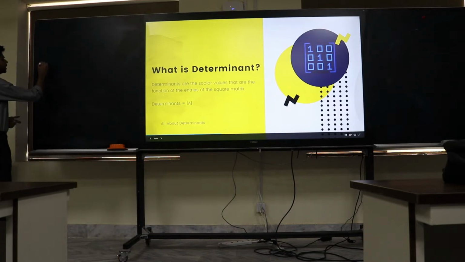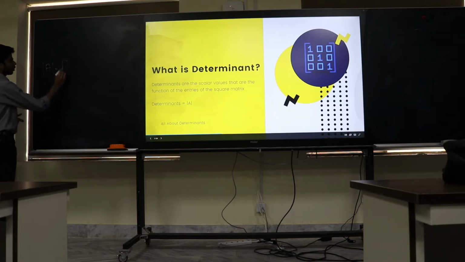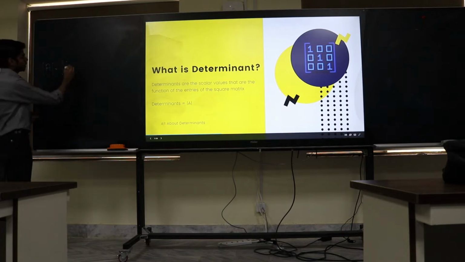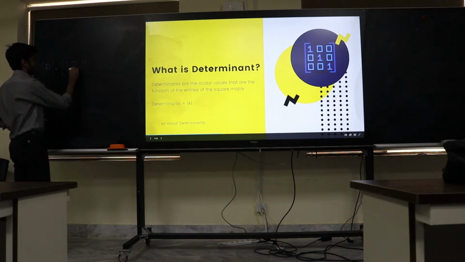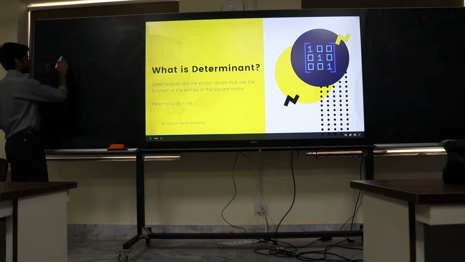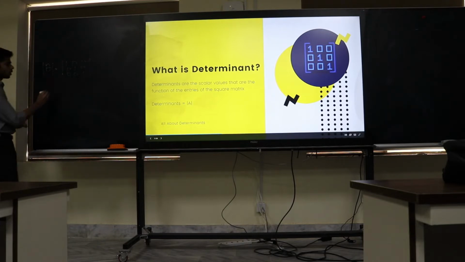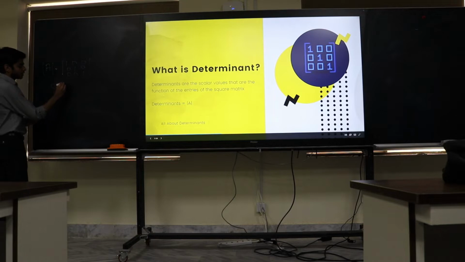We can write the symbol as this, and along with that we can write a matrix 1 0 0, 0 1 0, and 0 0 1. So it is the basic representation of a determinant, and we can also write the determinant as the determinant of A, and also we can denote it with a delta sign.